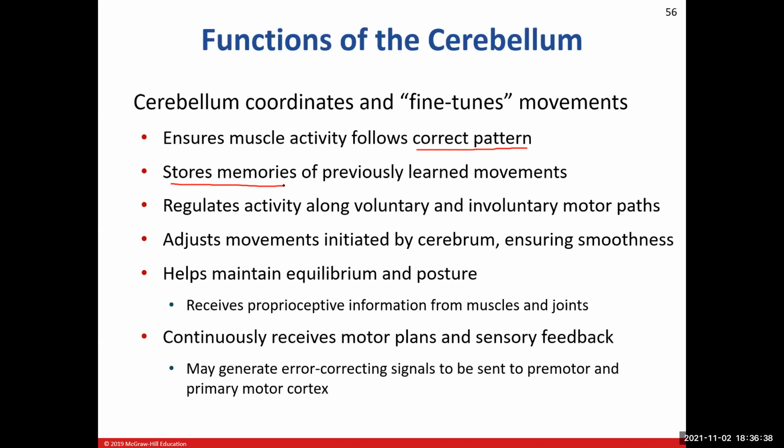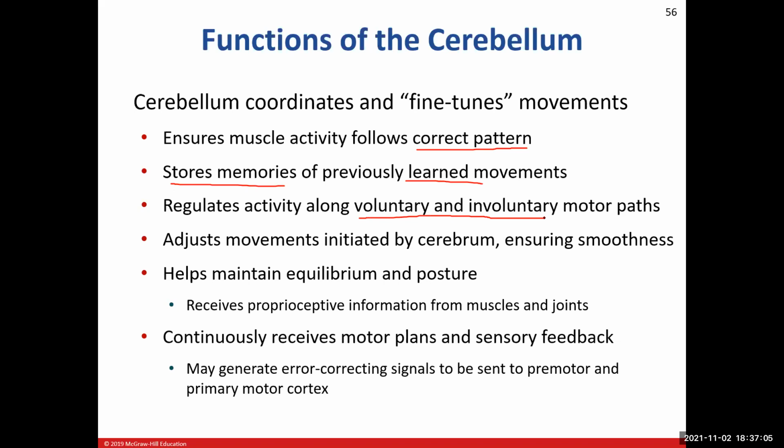Now the cerebellum is another place where we can store muscle memories for some of those learned, skilled movements: playing the violin, playing the piano, maybe juggling. So again, another storage site for learned movements here. And so it will help to regulate both voluntary and involuntary motor paths.